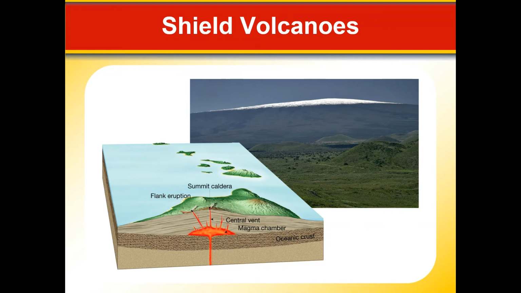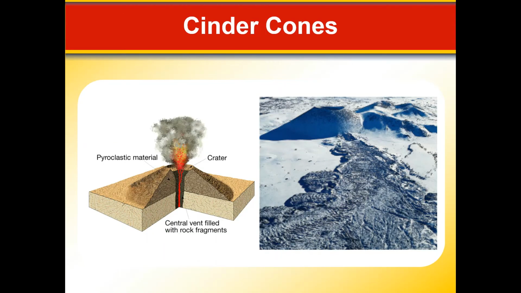This is rather a very large volcano. Okay, so this is in Hawaii, and this is your cinder type volcano. It is a small volcano with a crater in the middle. Usually, it releases your pyroclastic materials.